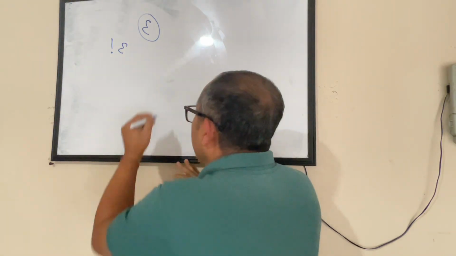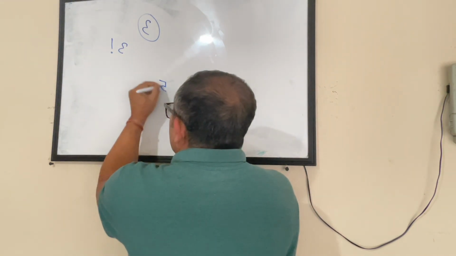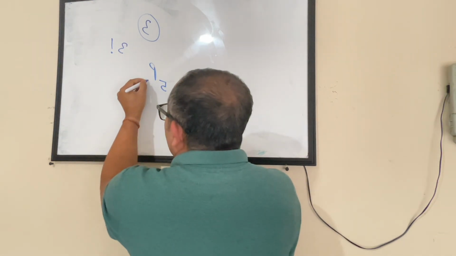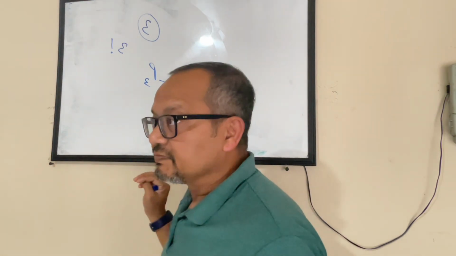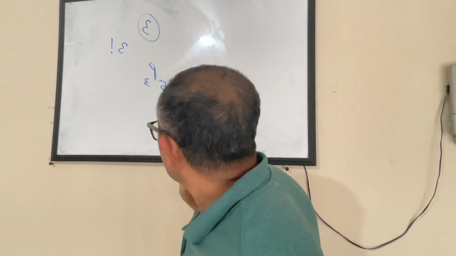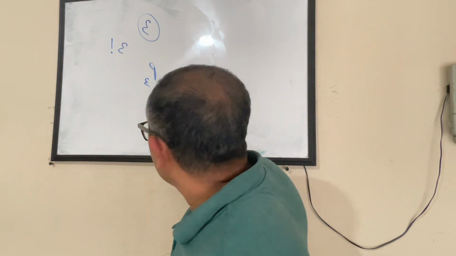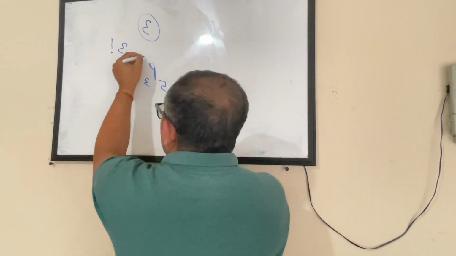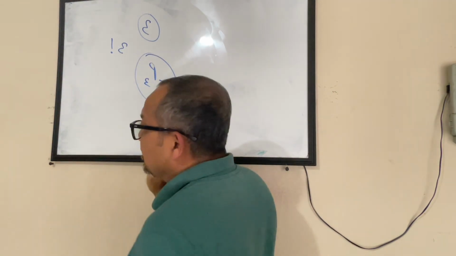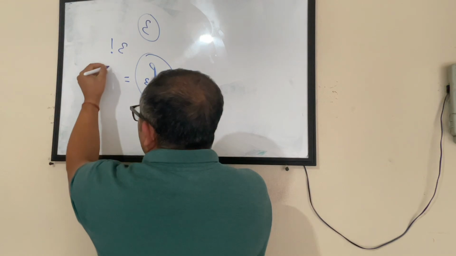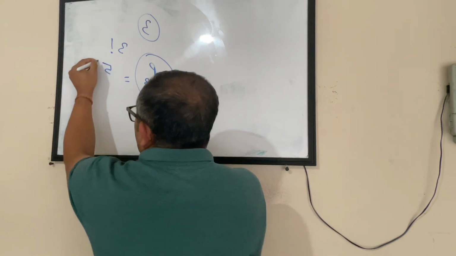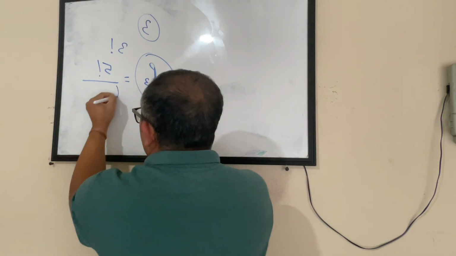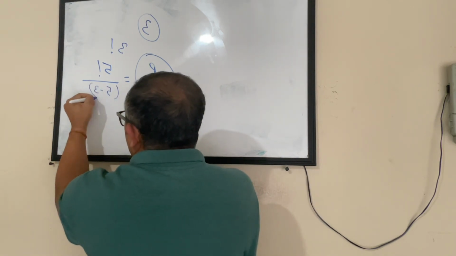If I have five positions to be filled with, let's say, three things, or I have five things to fill three positions, then we call it 5 permutation 3, and then we saw the formula which says this equals 5 factorial divided by (5 minus 3) factorial.